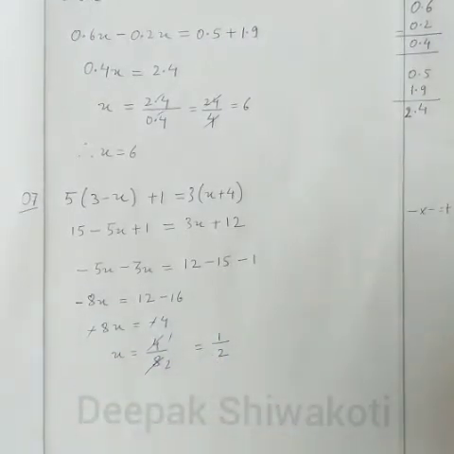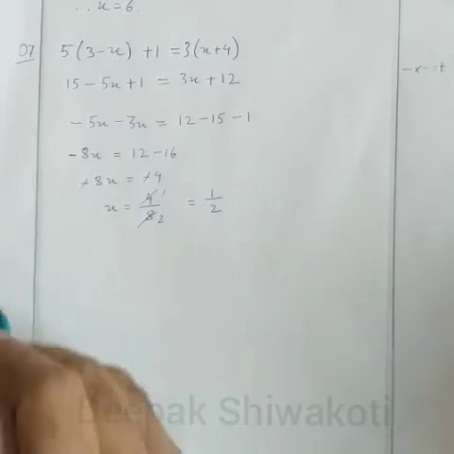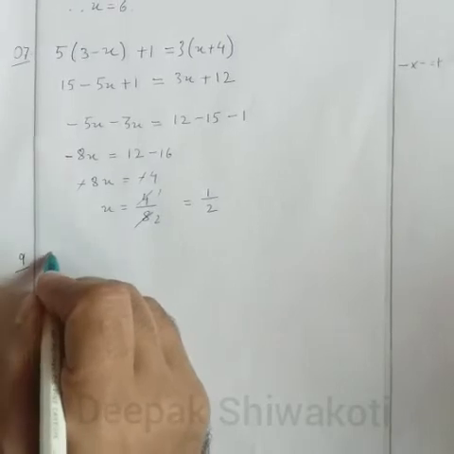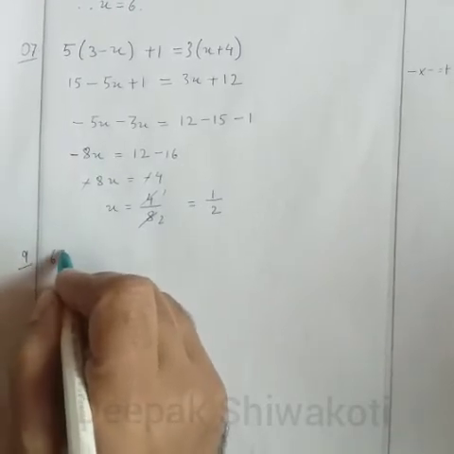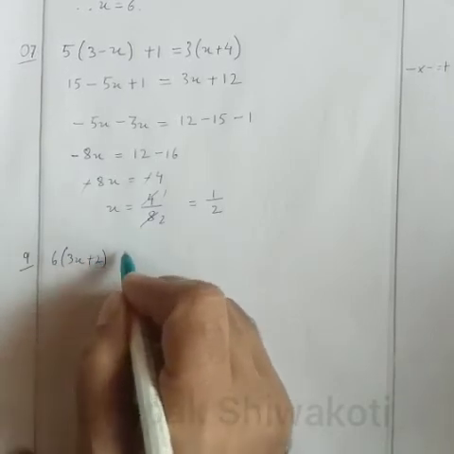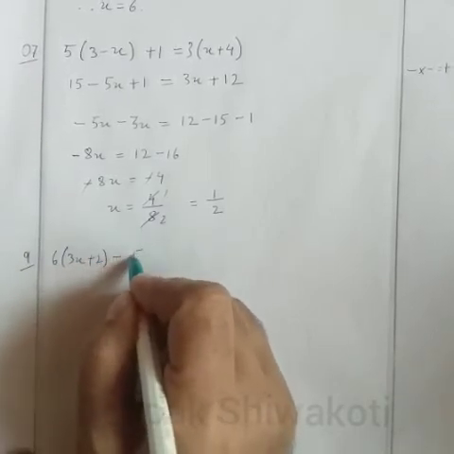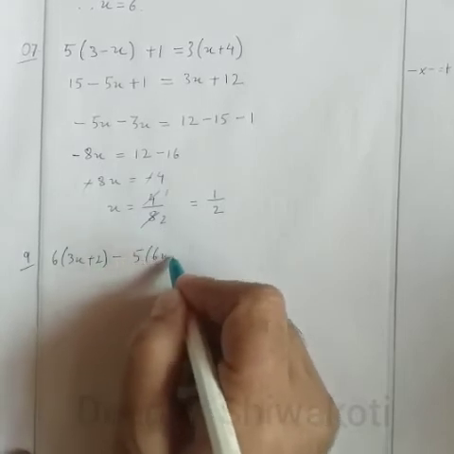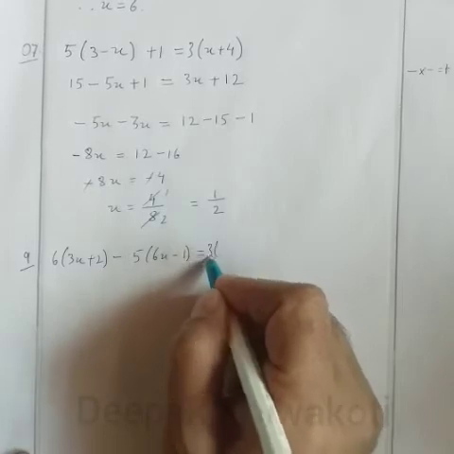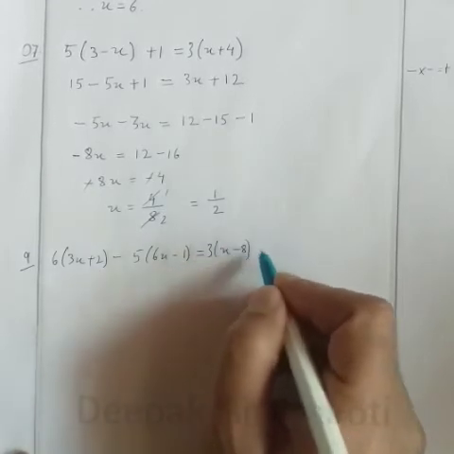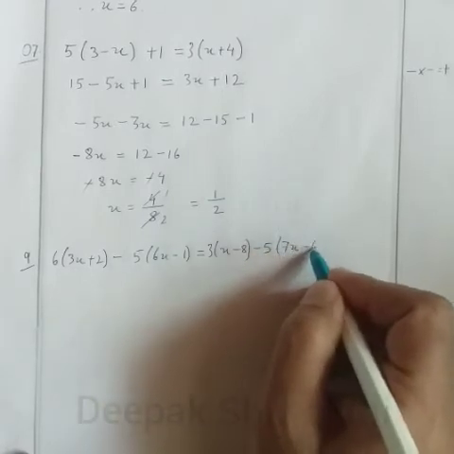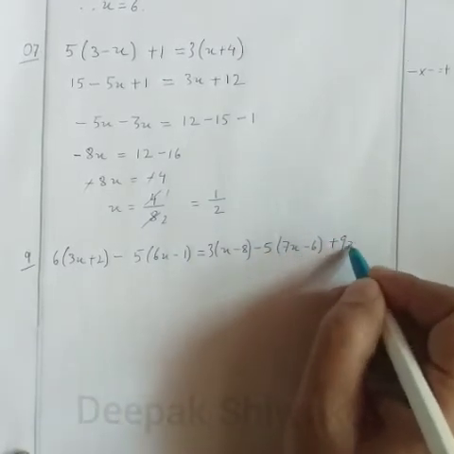Okay, question number 9. 6 into 3x plus 2 minus 5 into 6x minus 1 is equal to 3 into x minus 8 minus 5 into 7x minus 6 plus 9x.